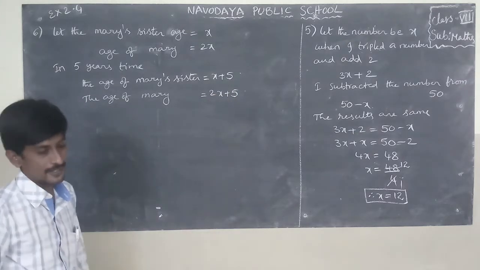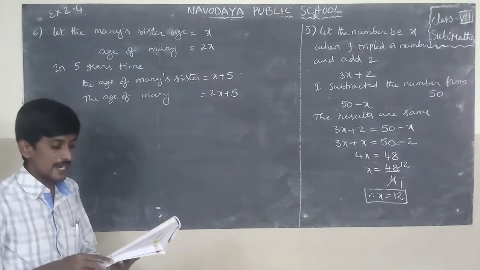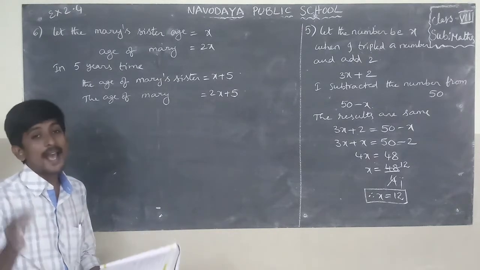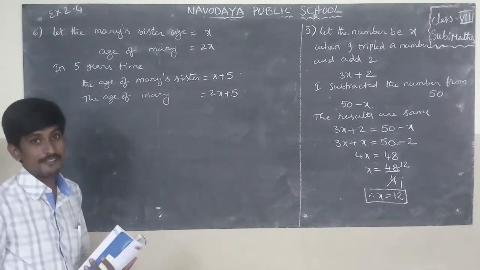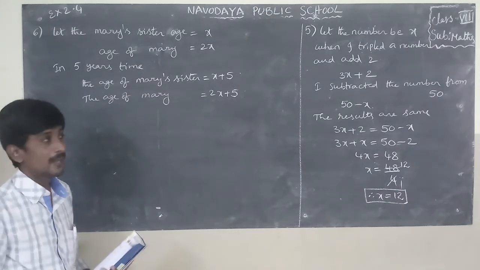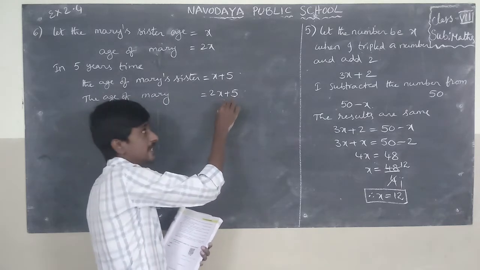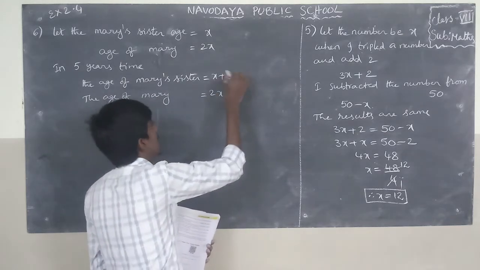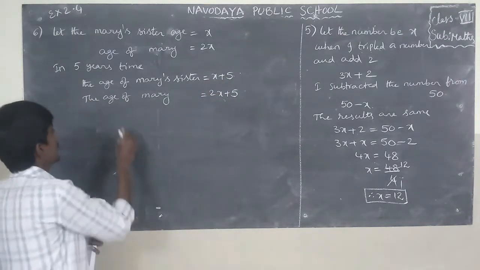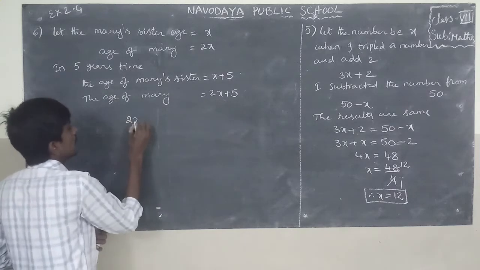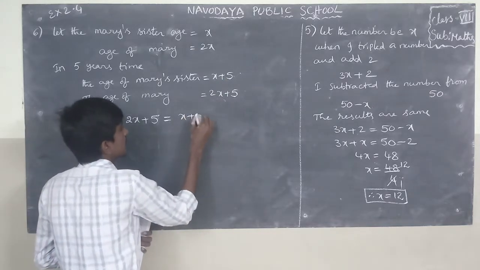In that time, she will be 2 years older than her sister. After 5 years, Mary's age is greater than her sister's by 2 years.